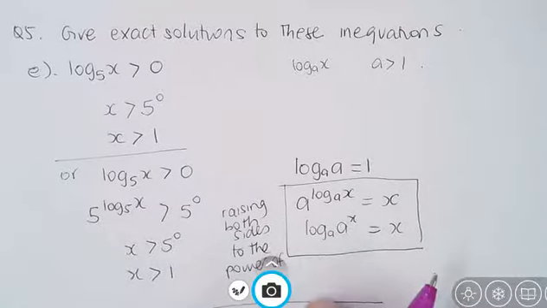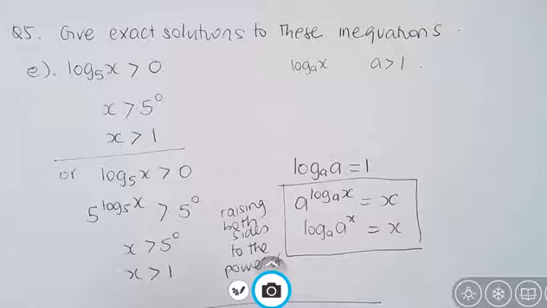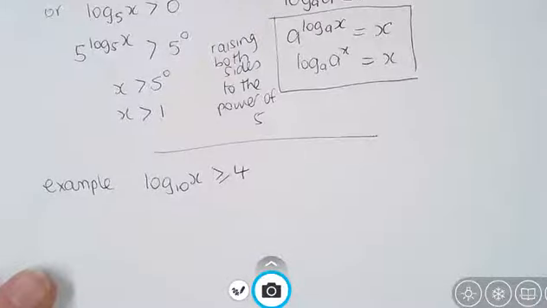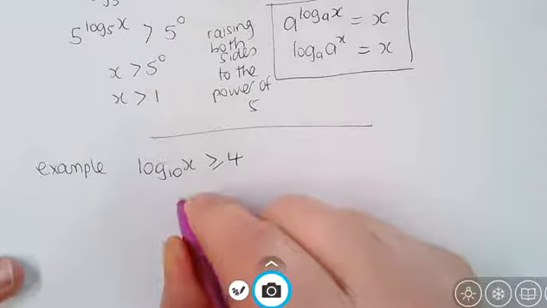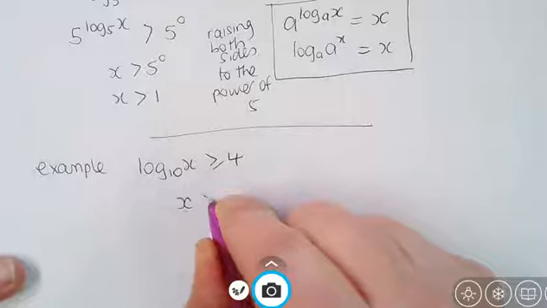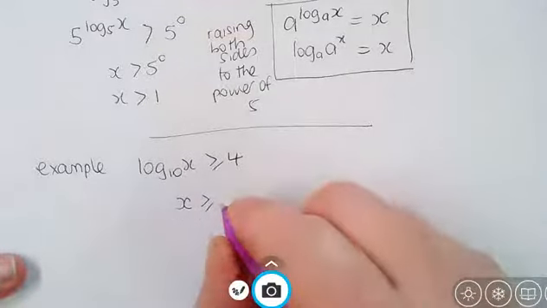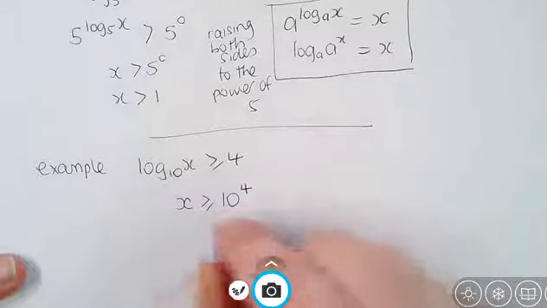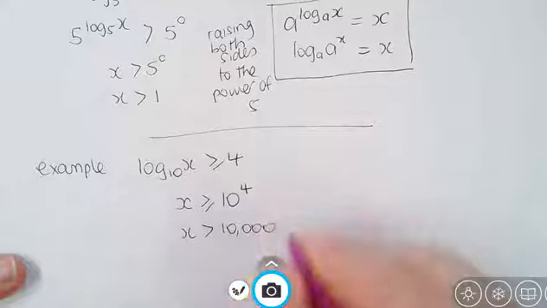Another example is solving log to the base 10 of x is greater than or equal to 4. I could do that a few different ways. I can write x as an index, so x is greater than or equal to, now remember 10 is the base, 10 to the power of 4, or greater than or equal to 10,000.